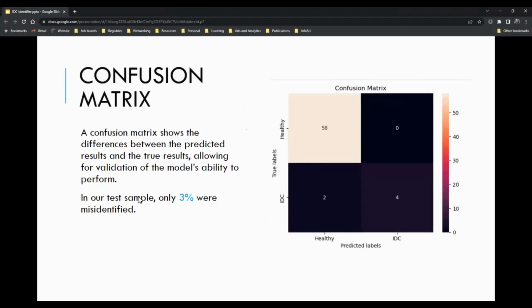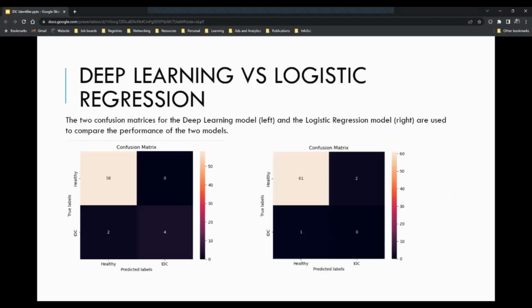For a measure of accuracy, we used a confusion matrix to check the difference between a predicted set of labels and the true labels that came with the set of data. In this case, we only had a 3% misidentification rating on our sample test set. The confusion matrix was run for both the deep learning model as well as a comparative logistic regression model.